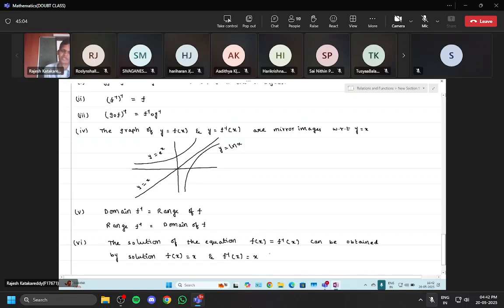If they are intersecting, that point of intersection can be found by solving these two equations. Clear? Keep this in mind: these are not the one and only solutions, we have other solutions as well. Clear? And these are all properties of inverse function.